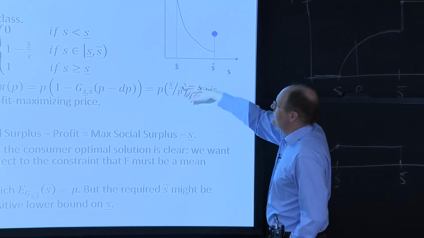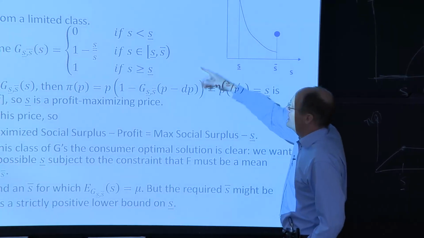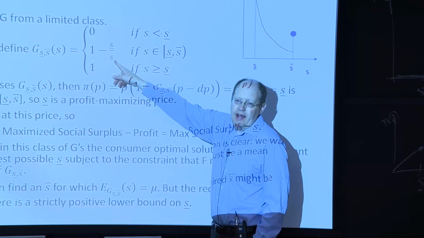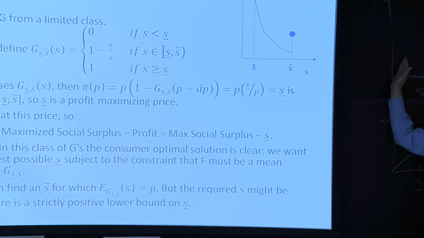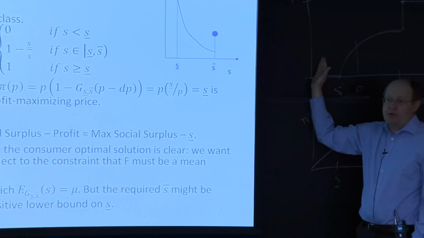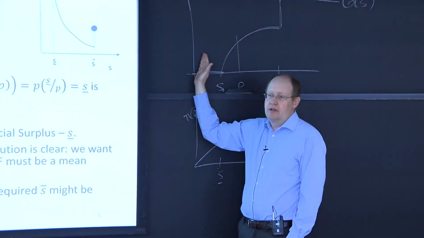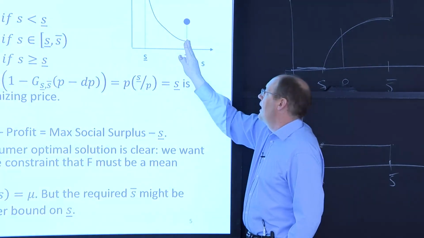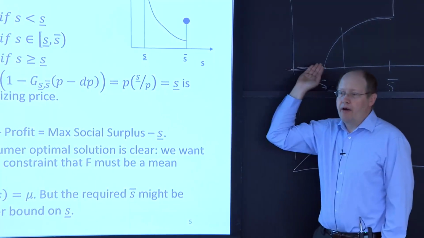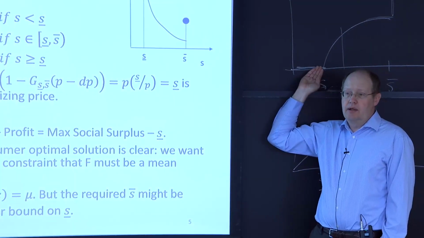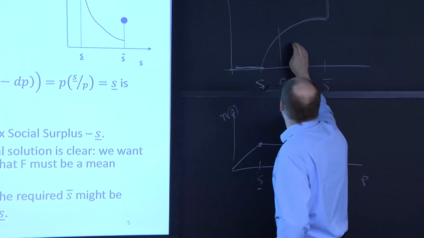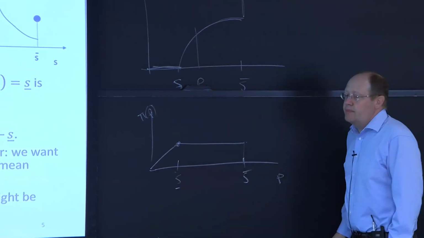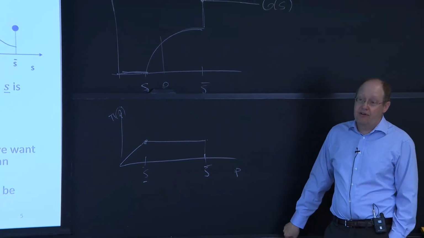Well, this distribution has the property that because it's only going down like 1 over S, if I were to set S upper bar going towards infinity, the mean of this distribution would go to infinity. So for any S lower bar, I can just pick a high enough S upper bar and make the mean mu. But the problem I run into is I need this distribution to be a mean preserving spread of F.